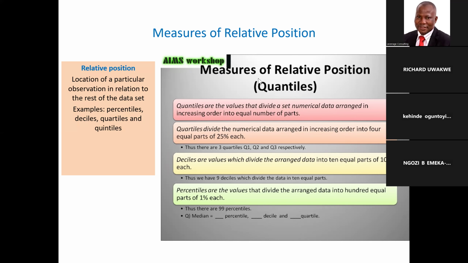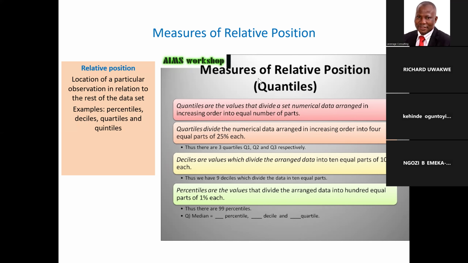Now let's look at measures of relative position. The idea of relative position is not new to us. You remember when we were in primary school, even now they still do it, they look at your position in class.